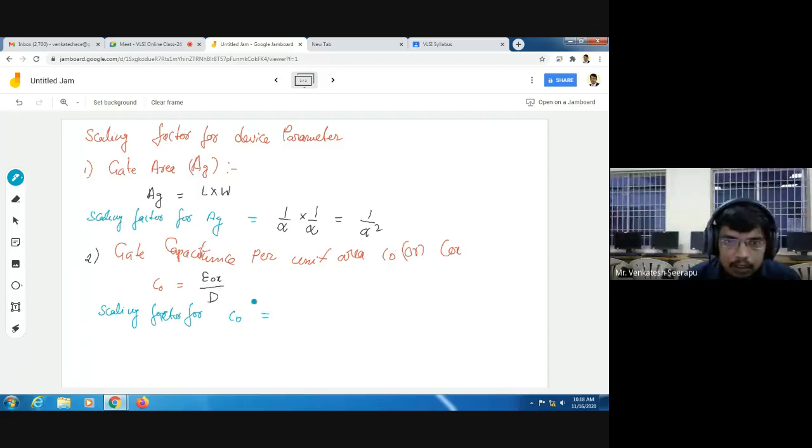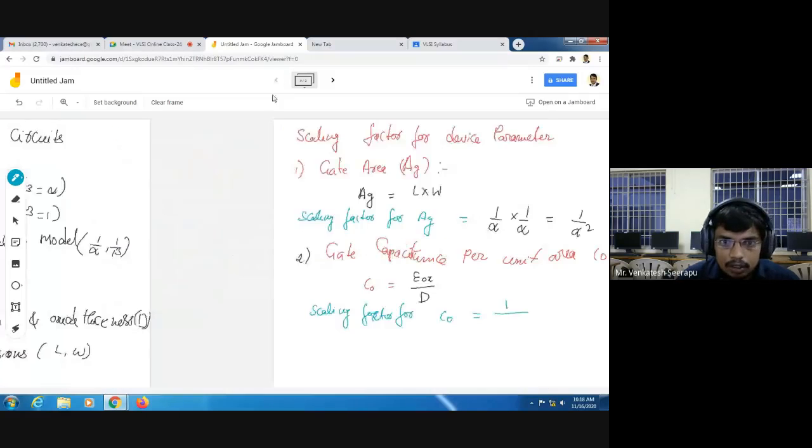So what is epsilon OX? There is no scaling factor for epsilon, it is a constant value. So what is the scaling factor for oxide thickness, capital D?